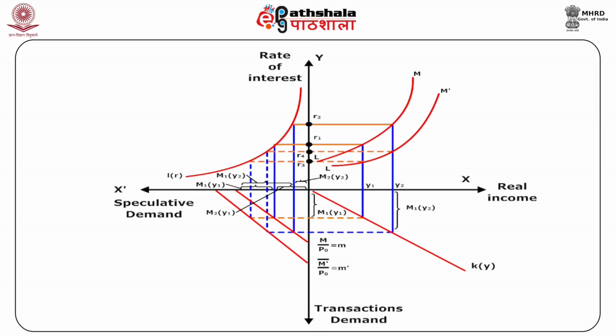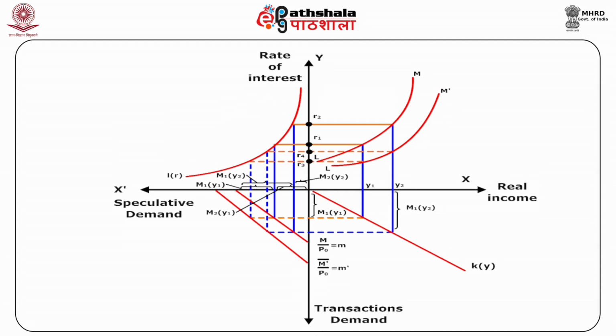This is R3. So given R3, we have a level of m2 which is fulfilling the gap between the same level of m1 and the increased level of money supply.